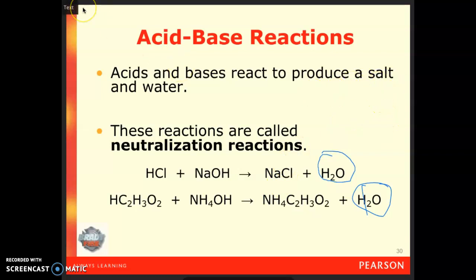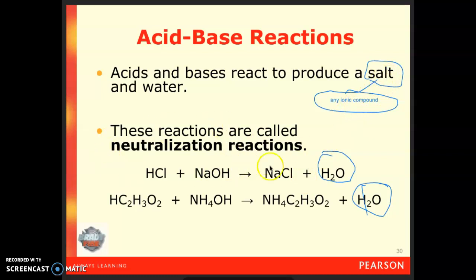And we got to remind ourselves here, the word salt isn't referring specifically to NaCl, just common table salt. That's just kind of the most common example that we have. When we think about a salt, what we really want to think about is any ionic compound. So if I can recognize that I have an ionic compound, that should trigger in my head that I'm talking about a salt.